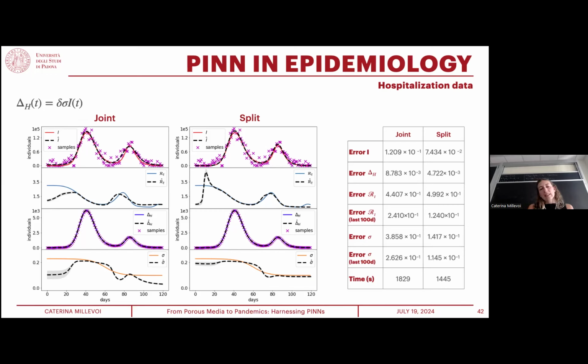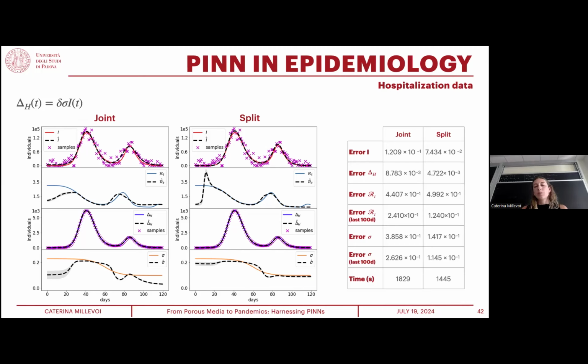But adding this new datum entails also the addition, for sure, of a new quantity, that is the number of hospitalizations, along with a new time-dependent parameter here, sigma, which is the ratio of hospitalizations with respect to the infectious, here represented by an orange line. So actually, with respect to the previous result, even if we added 2 new unknowns, the results in our prediction improved.